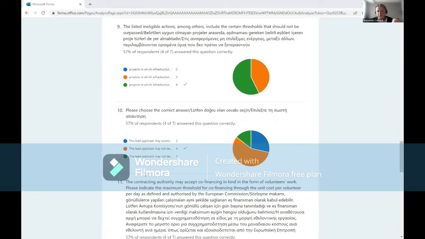Because a lead applicant can submit 1 project per lot. If you submit more, all the projects that you submitted will be excluded. So take this into account, study the provision in the guidelines to understand this, and don't go against the provisions of the call, because then you're risking exclusion.